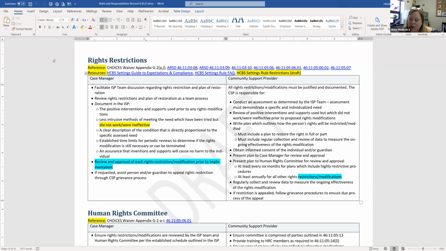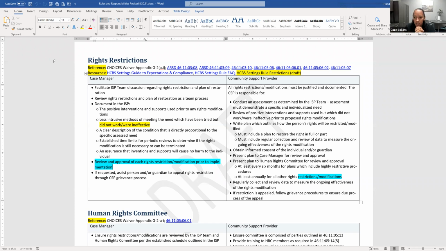So are they rewriting all of this or just linking the plan? Or are they supposed to have it and then the CSP copies it? I'm trying to wrap my head around it because it's a little bit different.